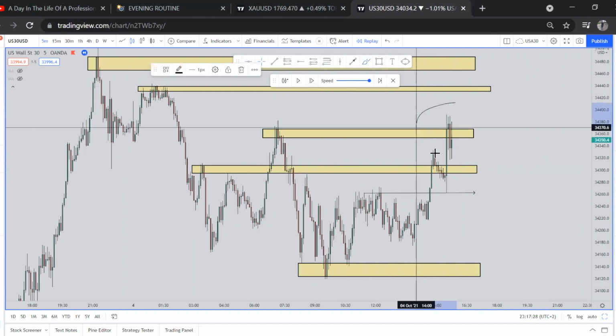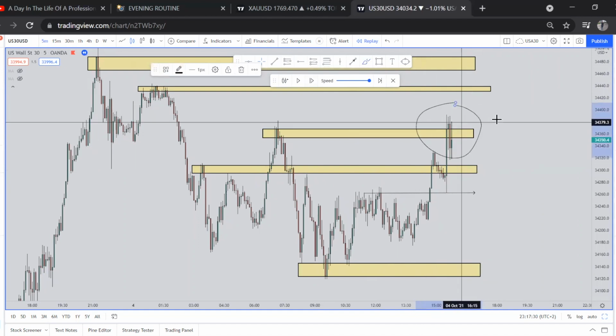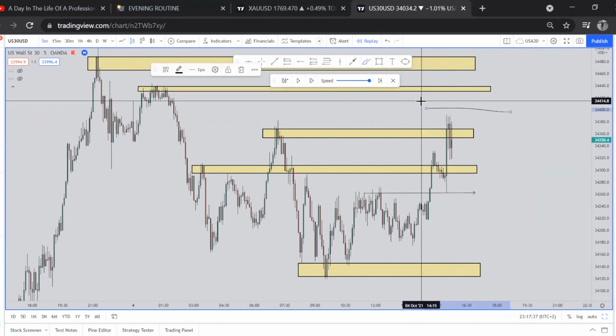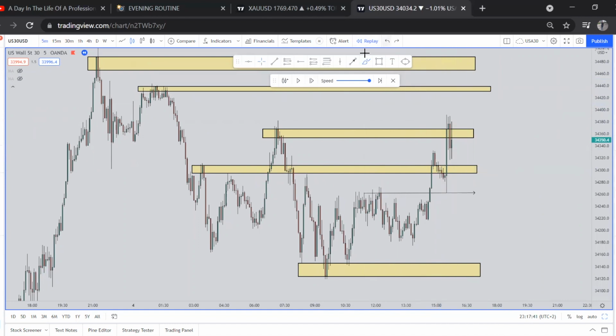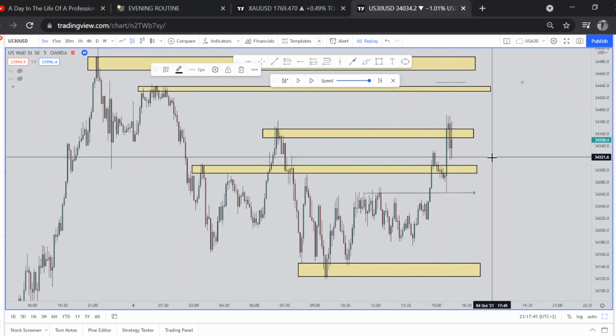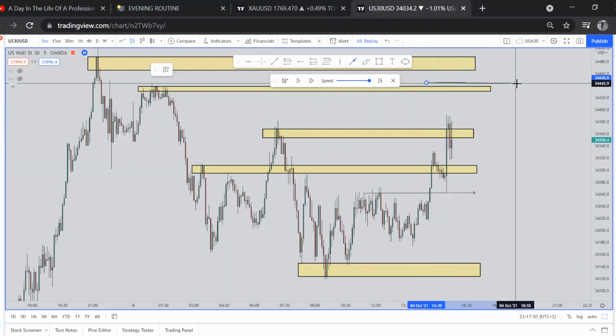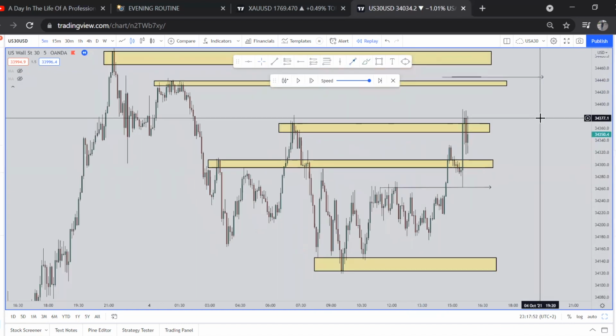Price kept on playing, and then eventually we managed our trade by putting our stop loss above here. I'm not sure, but it's above this resistance, I still remember. We put our stop loss just above this resistance, and it almost took us out, but it didn't take us out, and then it went super sharply in our direction.